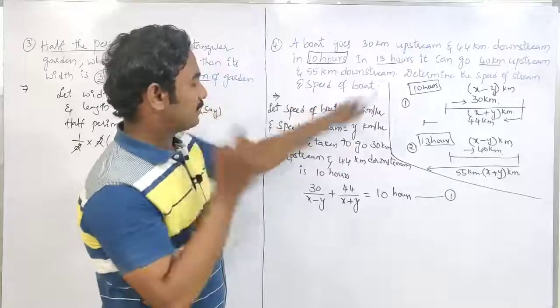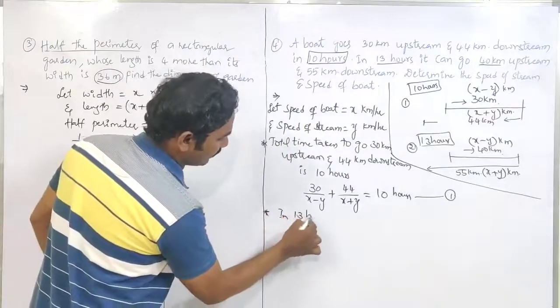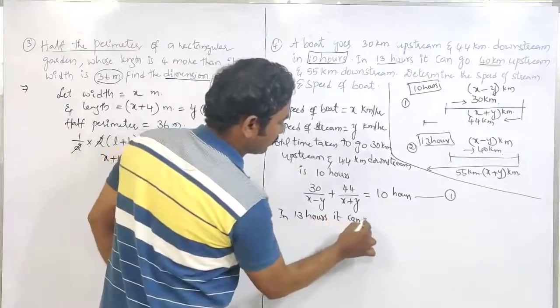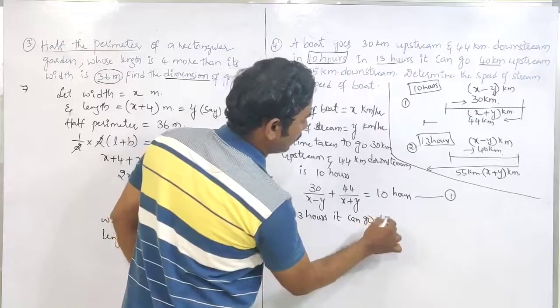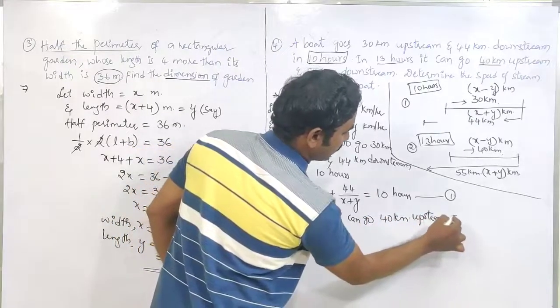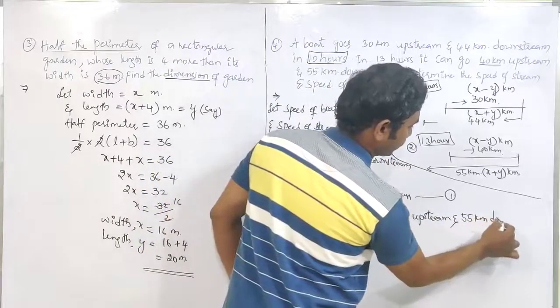Similarly, in the next sentence, another hint is given: in 13 hours it can go 40 kilometer upstream and 55 kilometer downstream.